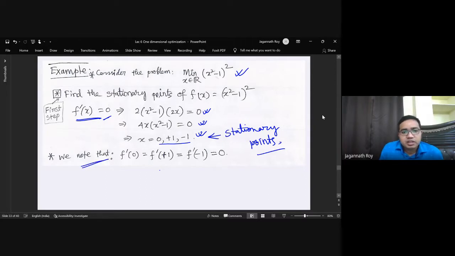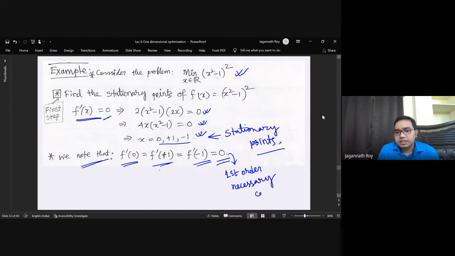We note that f dash of 0, f dash of +1 and f dash of -1 equal 0. So this is the first order necessary conditions.